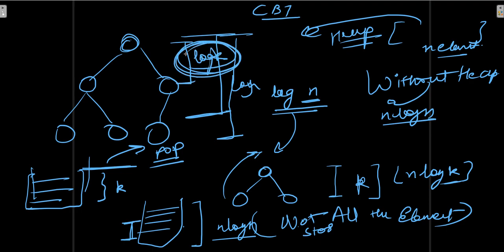This is what we are trying to achieve. After that, our time complexity for insertion will reduce to n log k. And how do we achieve that? We maintain this depth at log k, and if the size of our container becomes more than k, then we simply pop the top element, which we don't want.